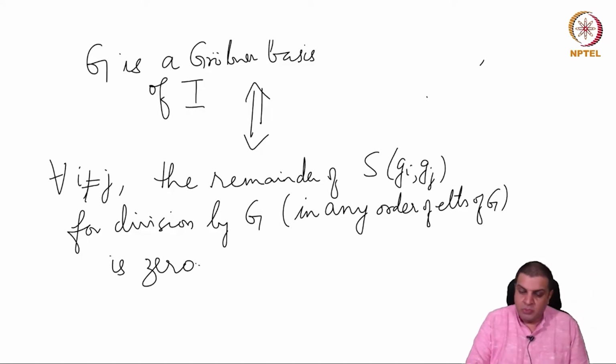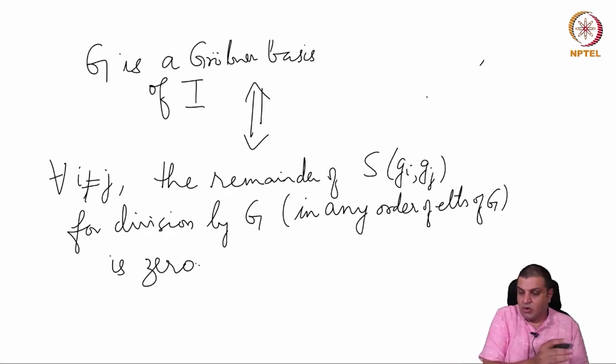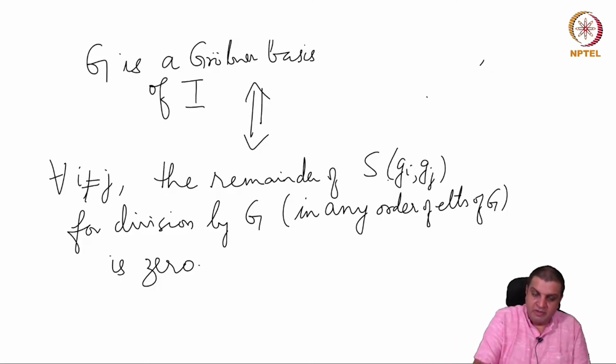So we can run the division algorithm on this by elements of G in some order, and it doesn't matter which order you choose. If the remainder is 0 for every pair i and j, then G is a Gröbner basis.